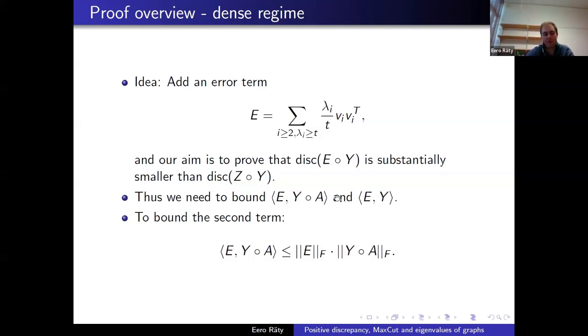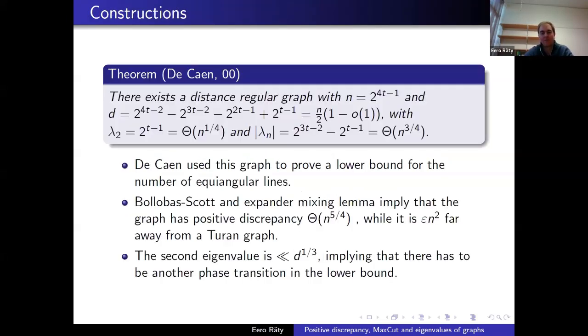Because I think I'm running out of time, I'll just skip the rest of the details. And as a final thing, I'll say a word about what happens when the graph has average degree near half.